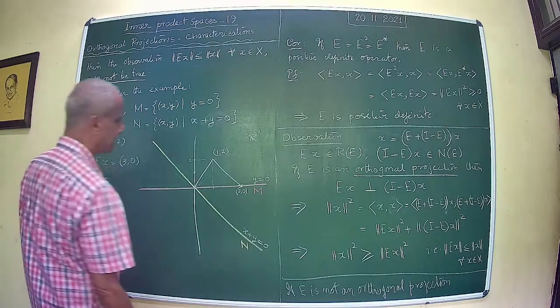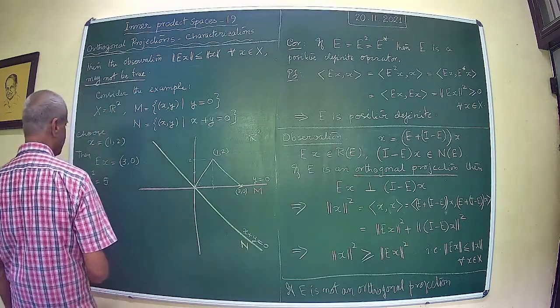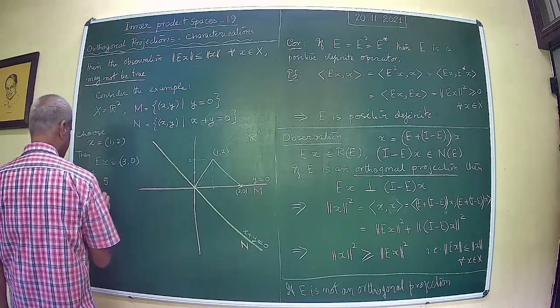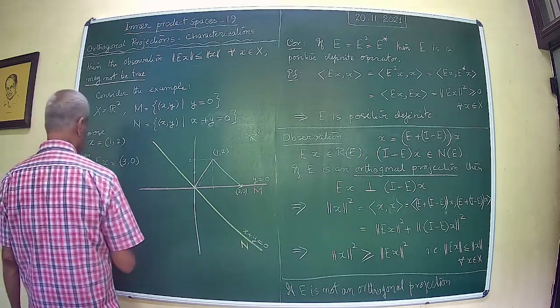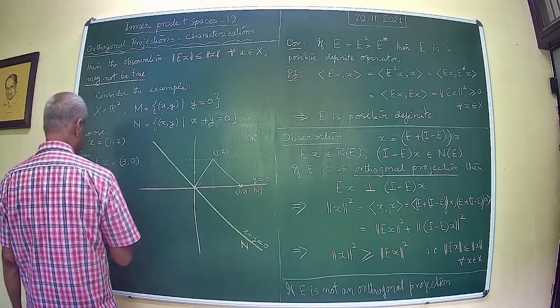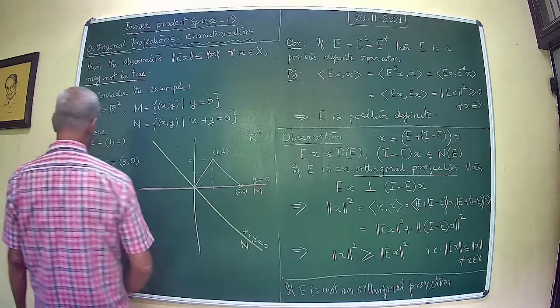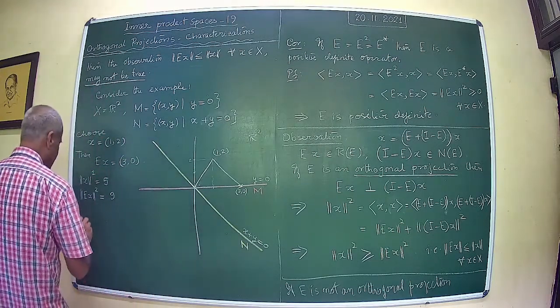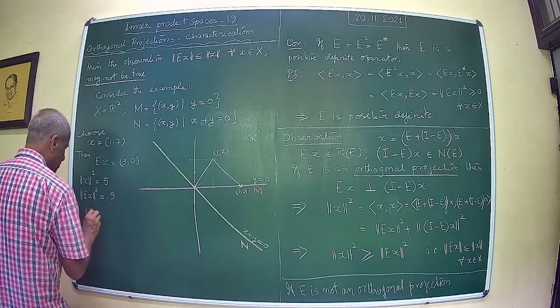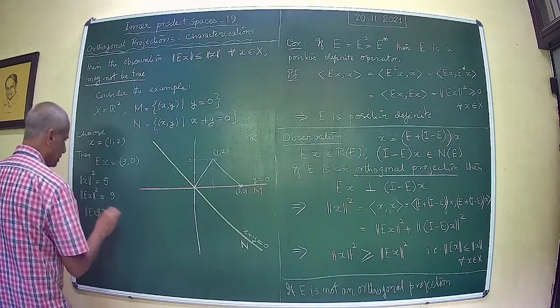Norm of Ex squared equals 9. Therefore, in this case, norm of Ex is greater than norm of x.